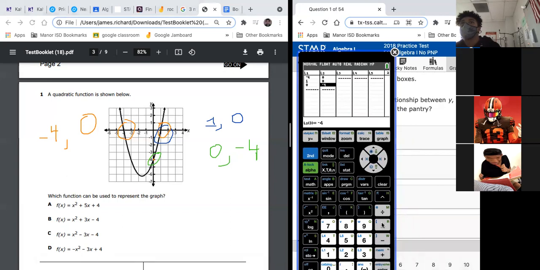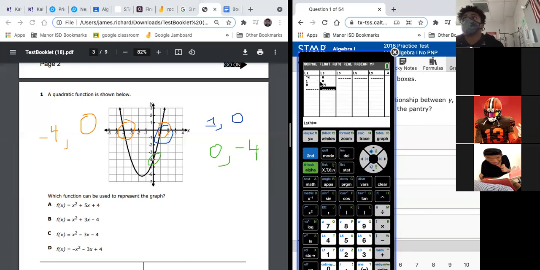Let's see. Oh, maybe it does work. I don't know. Whatever. I'm going to put the negative -4, not minus 4. Sometimes it'll give you an error.